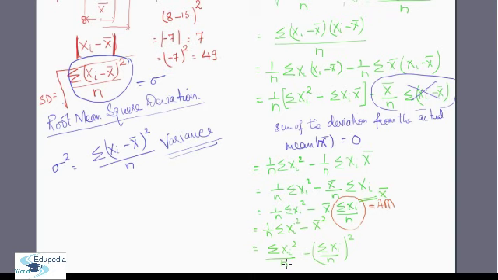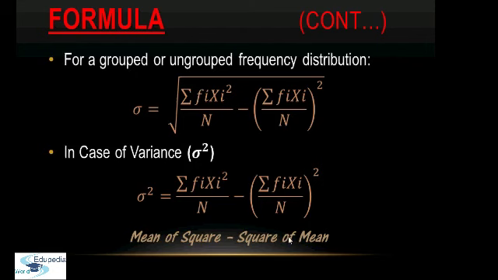That is, we are taking the mean of the square of the individual data, not of xi but of xi square. Therefore we can call this the mean of the squares, minus summation xi by n is the mean, so this can be written as the square of the mean. Therefore the formula could be remembered in this way, that it is the mean of the square minus square of the mean.